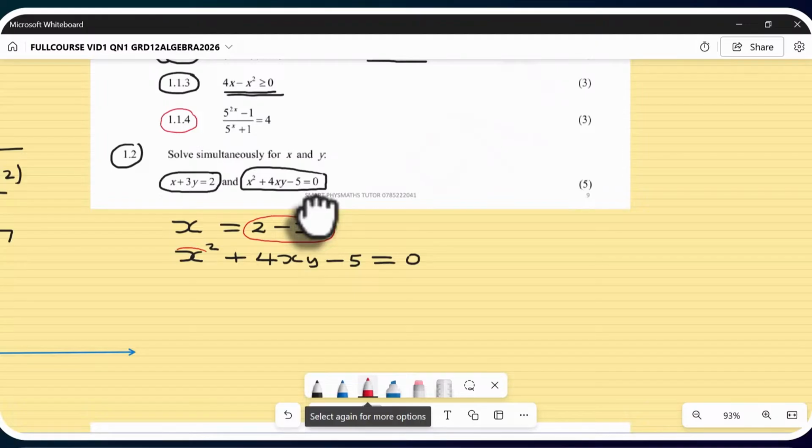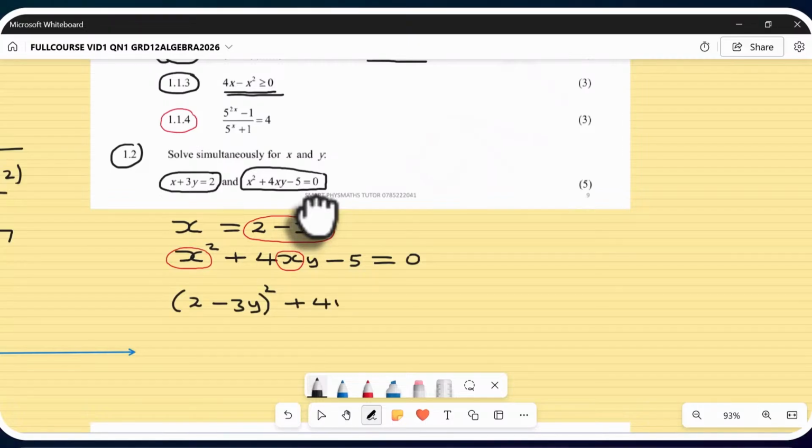Okay, so now here, when you expand, you're going to get 4 minus 2 times 3y, which is minus 12y.